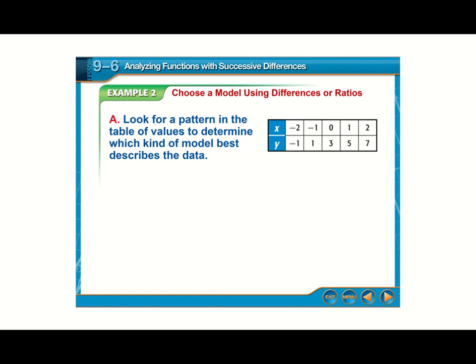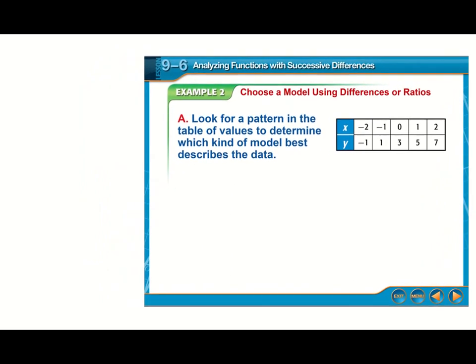Okay, now we're going to see if we can look at a pattern in the table to determine which kind of model best describes the data. So I want you to write this down. This should be in your notes. If you have something that is linear, your first differences are the same.